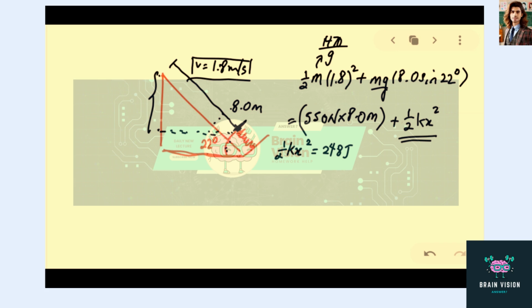So what we need to do is to use the other condition, right? We are given that the box, once it reaches the bottom over here, would not bounce back up the ramp. Now at the bottom of the ramp, it experiences a few forces. So we have the force coming in from the spring, F spring.